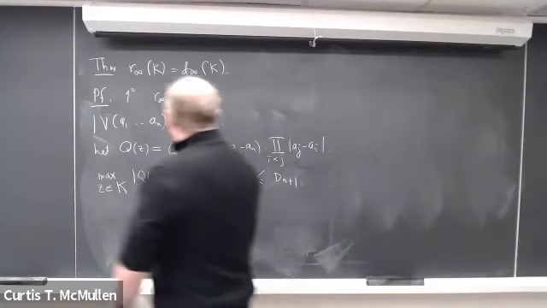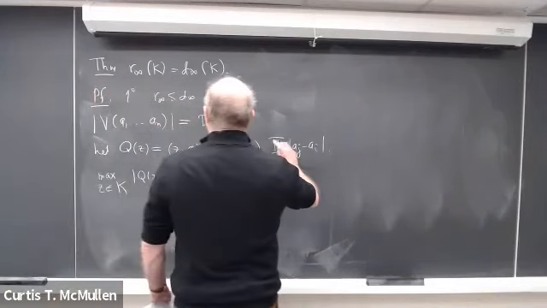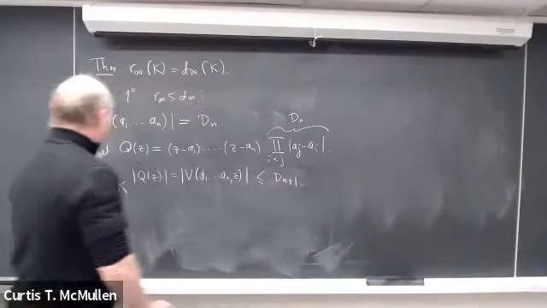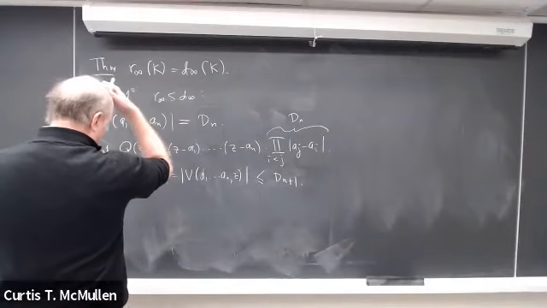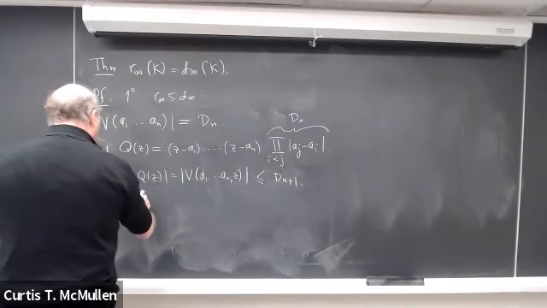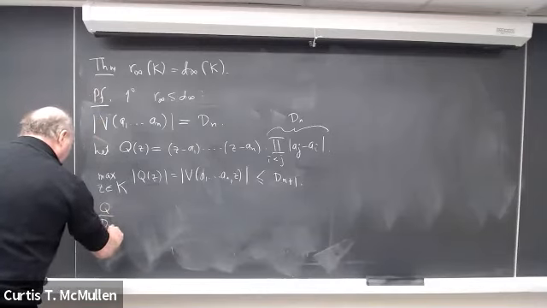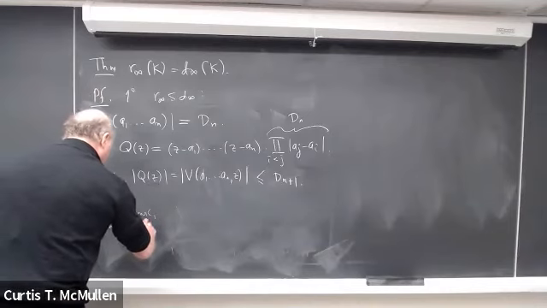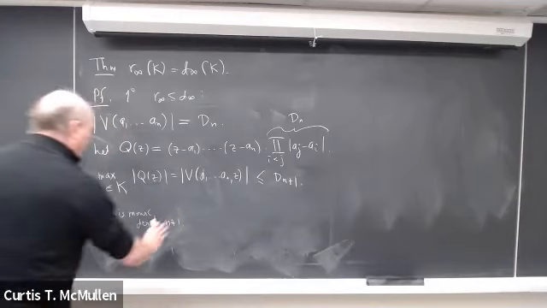On the other hand, Q is almost a monic polynomial. It's not monic because of this factor here. This factor here is just d_n. So we note that Q over d_n is monic of degree n.